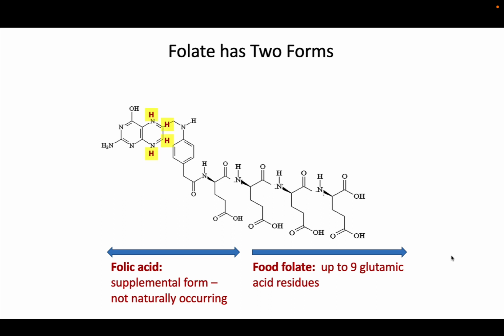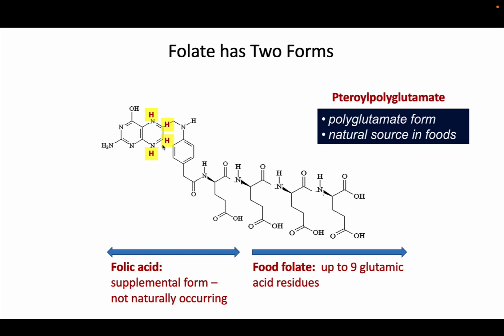And you'll notice that on the ring structures that make up the PABA and the pteridine, there are some nitrogens and carbons, and those can carry hydrogens in this case, but those can be switched out for methyl groups. So we call this form the polyglutamate form, and it is natural in foods.